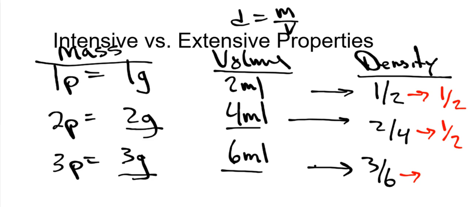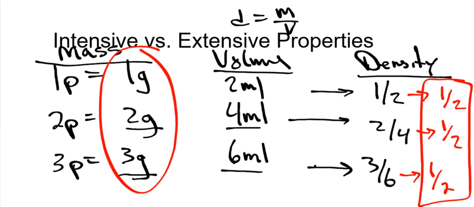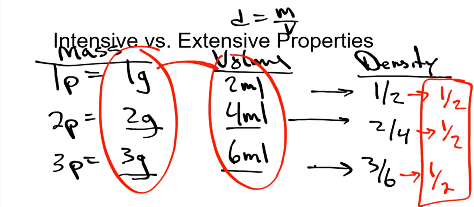And 3/6 reduces to 1/2. So you will notice that the density of these pennies remains the same no matter how many pennies I have. You will notice, though, that these change depending on how many. All right? So these, extensive, they depend on the amount. Density, intensive. It doesn't matter how much stuff we have, the density will remain the same.